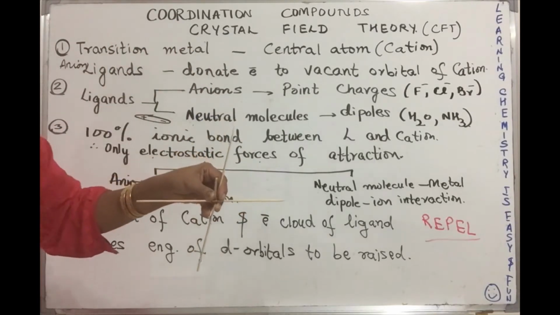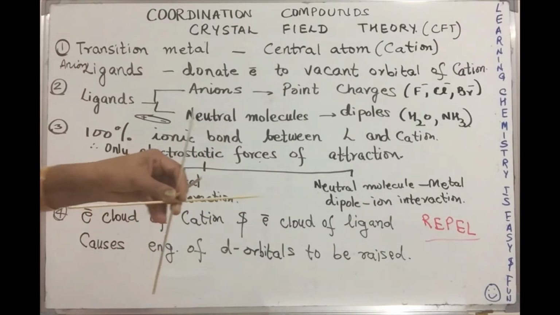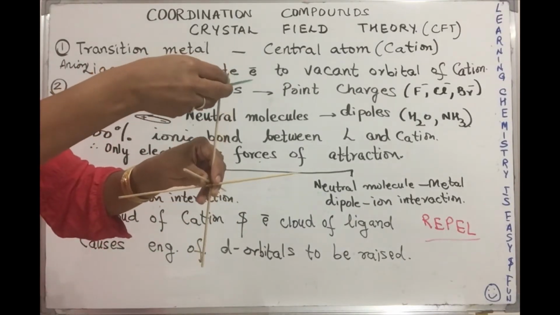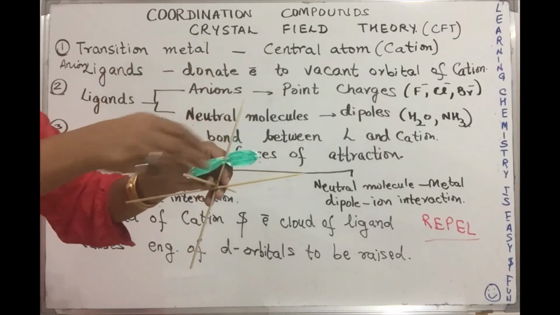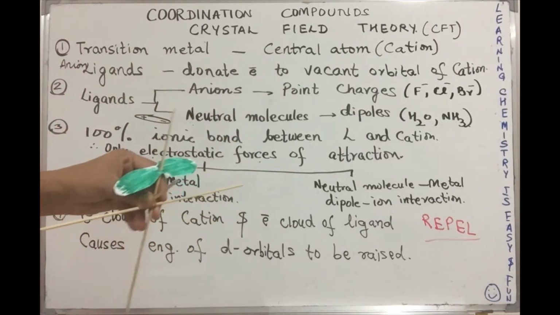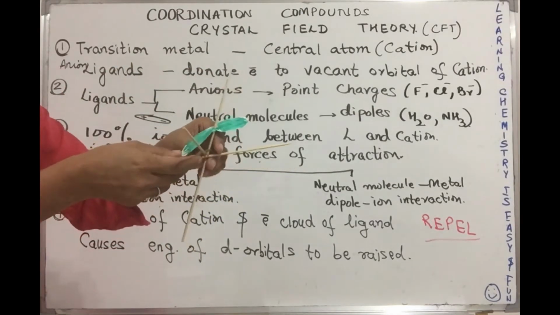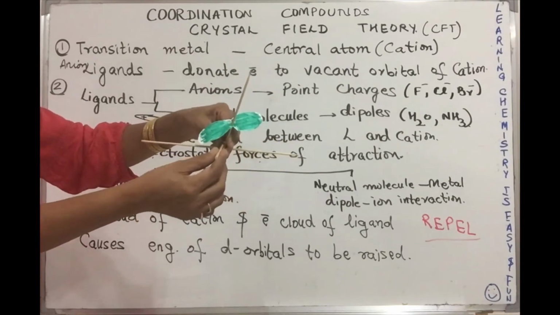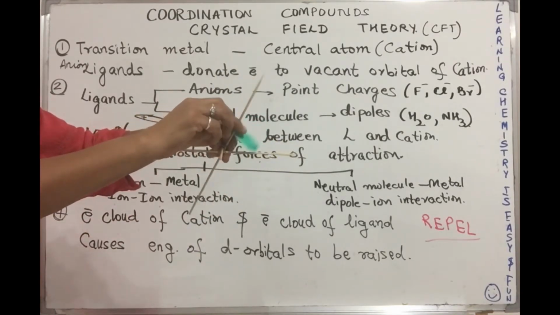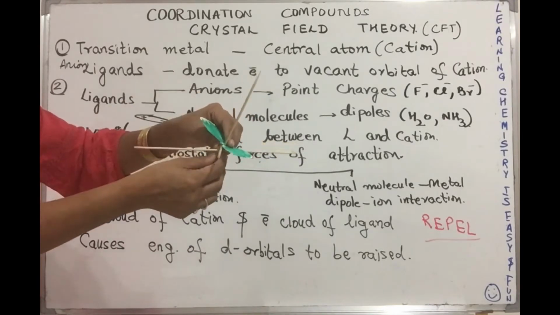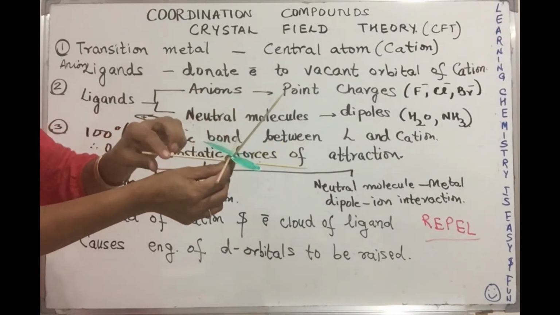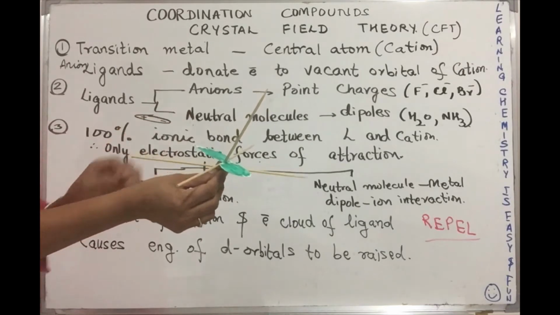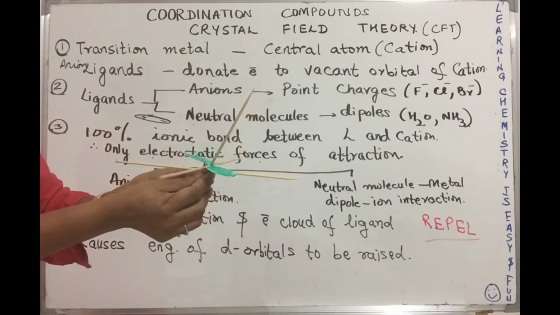Why do we name them this way? Because here the orbitals are aligned in between the axes. So let's suppose I am saying this is my x-axis and this is my y-axis. My dxy is aligned in between them, right? That is why it is called dxy.